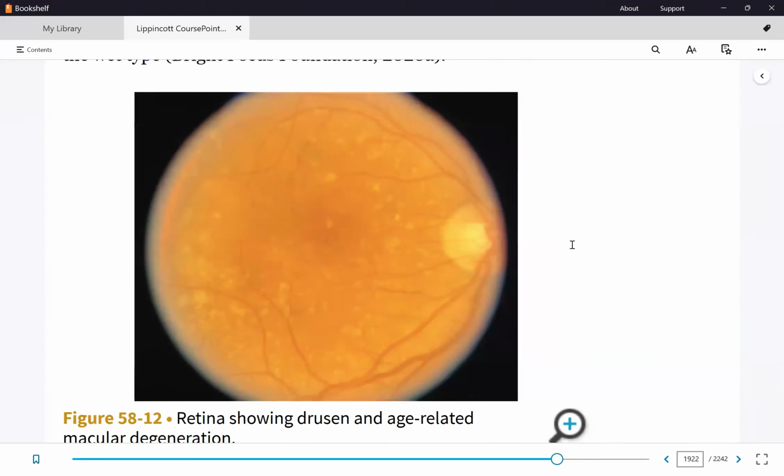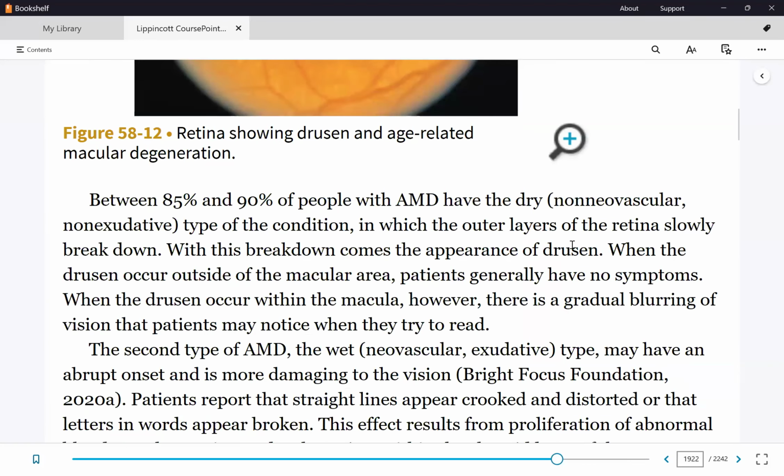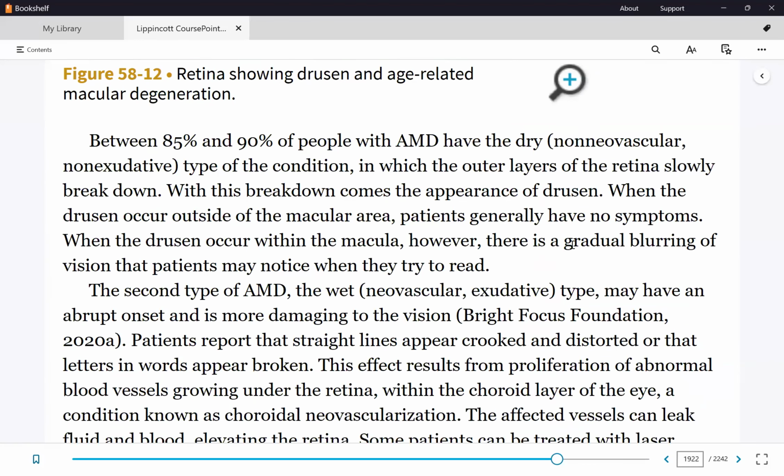So we owe most of our vision to the macula. If you have the dry type, it's age-related, just wear and tear. No, the macula is as old as you are. Okay, so it deteriorated. What can we do about it? You can slow it down. The only treatment here is eye vitamins.